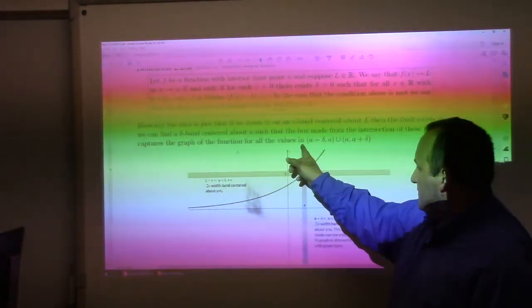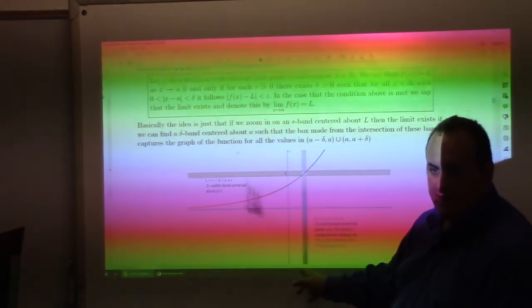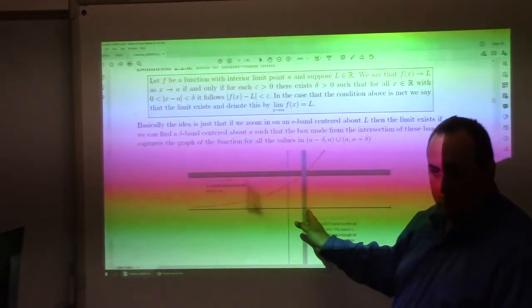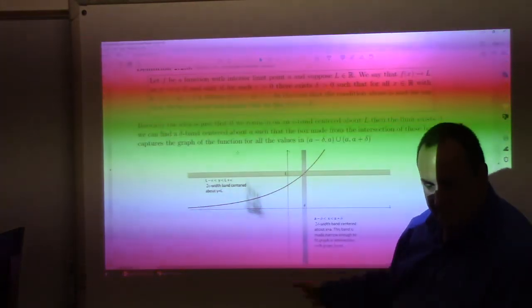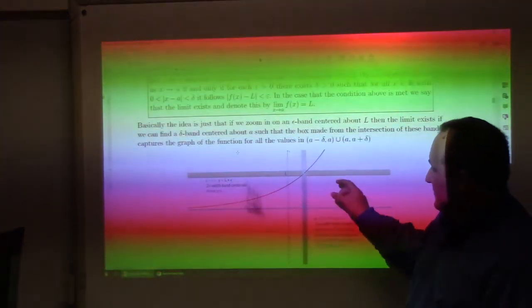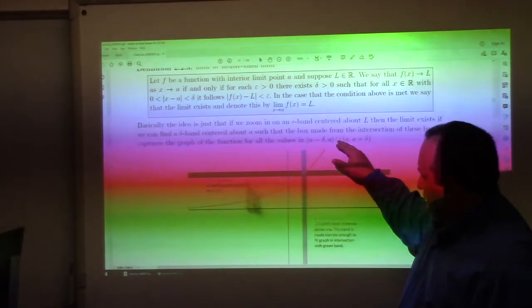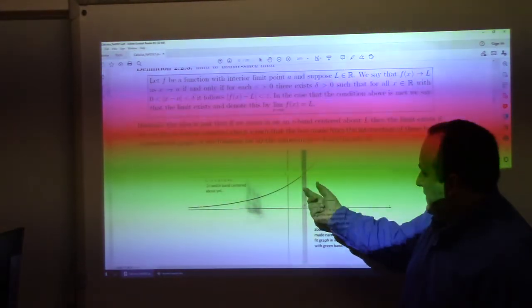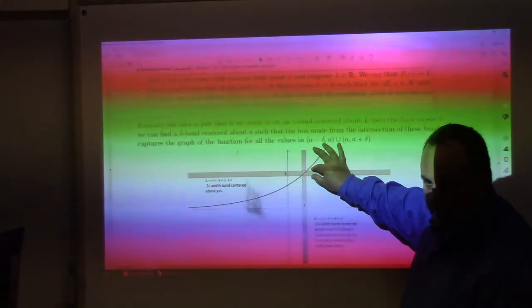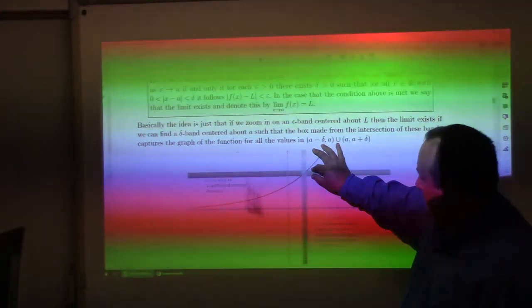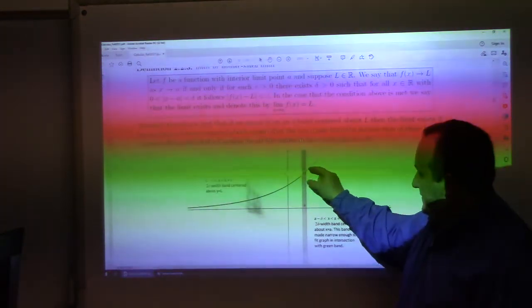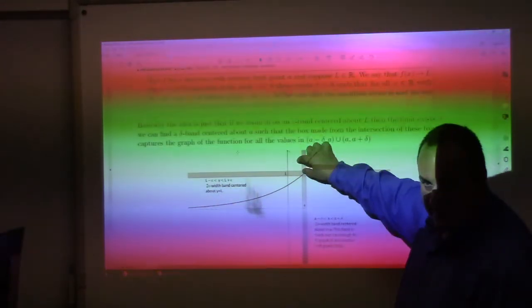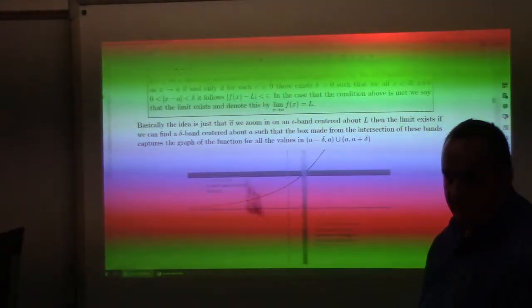At a itself, there should be a dotted missing center, because we don't consider a. But basically, if you're looking at this limit, you're saying, if I pick this green band, I can make a blue band which is skinny enough so that the graph fits in that little zoom box. That's what this definition is saying. That's all it's really saying.